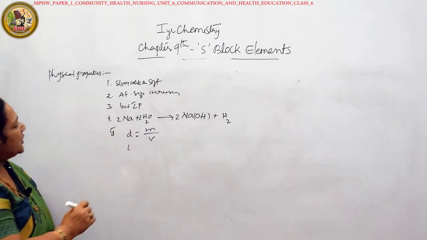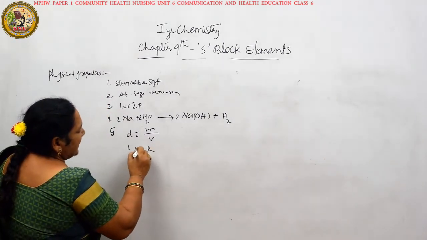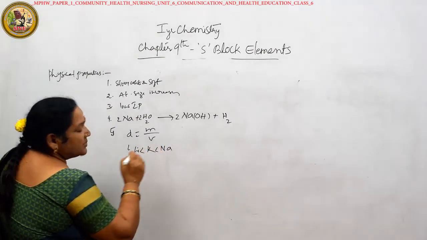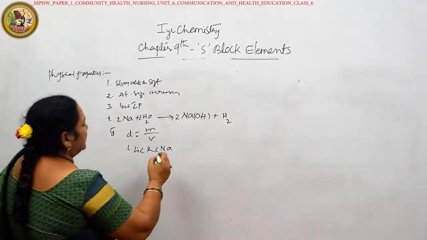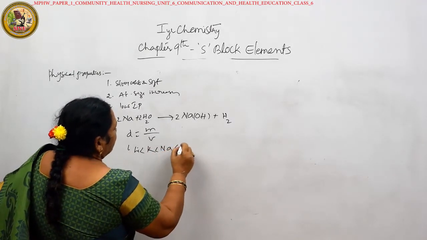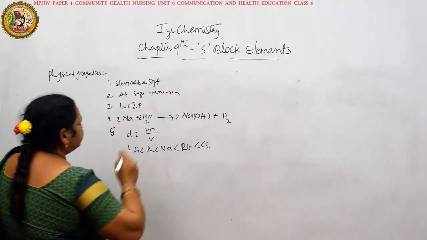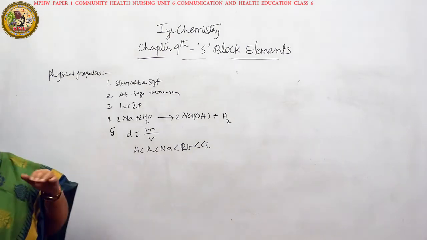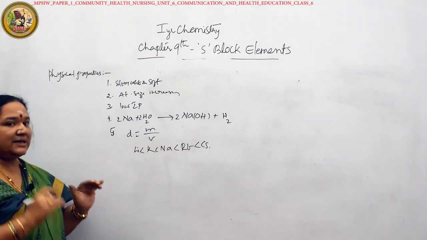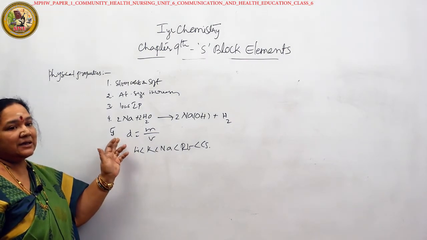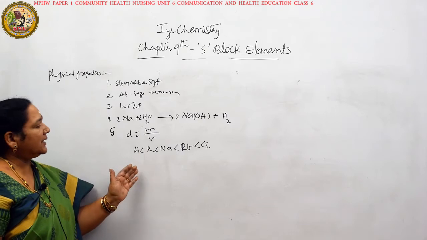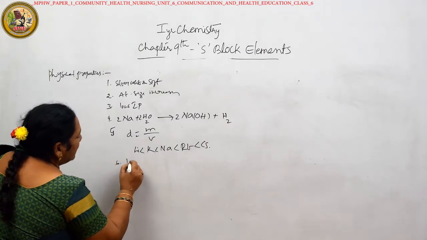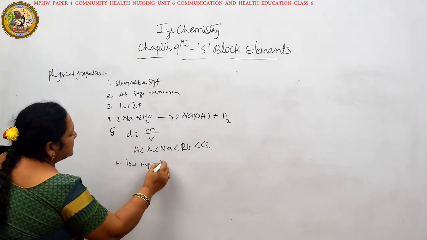However, potassium is less dense than sodium, rubidium and cesium. Though with increasing atomic number the atomic size increases, the density becomes reduced. Thereby they have low melting and boiling points.